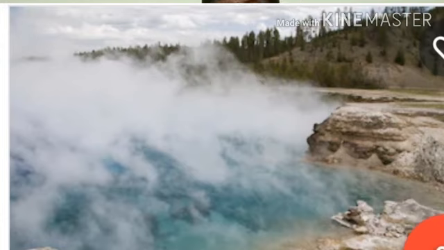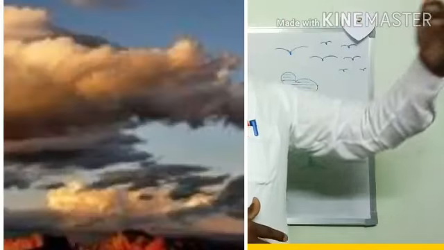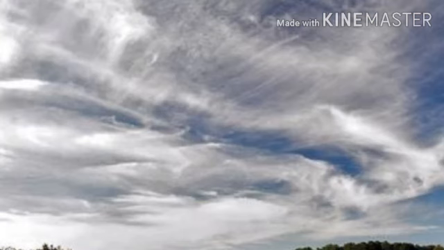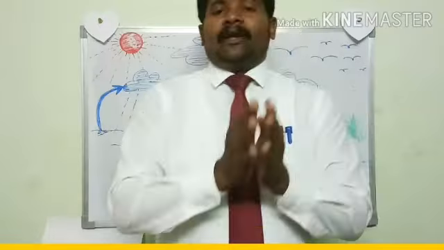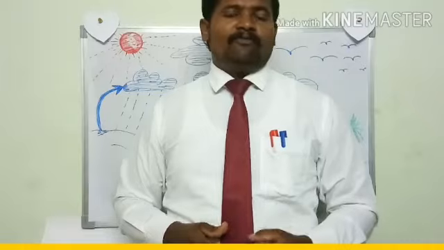And when the carried water vapor passes through cold regions where there is not much heat energy, the water vapors start to slow down their movements, come close to one another, combine, and form tiny droplets of water.